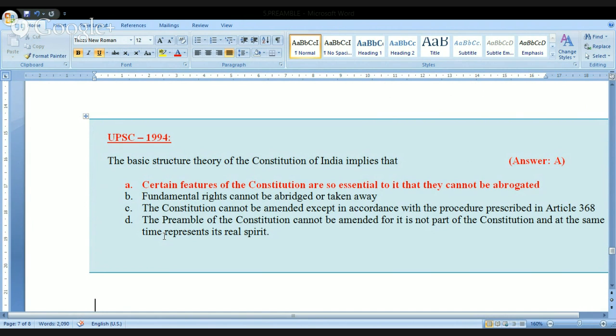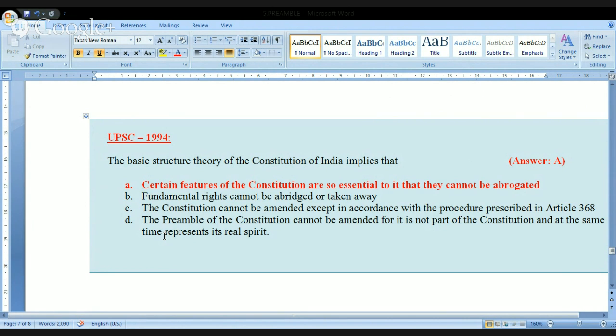It implies that certain features of the Constitution are so important, so essential that they cannot be abrogated. Yes, option A should be the answer here, because certain areas like maybe secularism, maybe democracy, maybe judicial review are considered to be so essential for the Constitution and they cannot be abrogated.